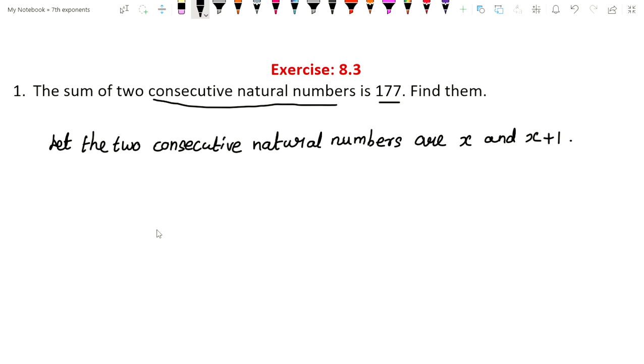Okay, let us consider that two consecutive natural numbers are x and x plus 1. What they said in the question? Sum of the consecutive numbers. So we are going to add this.